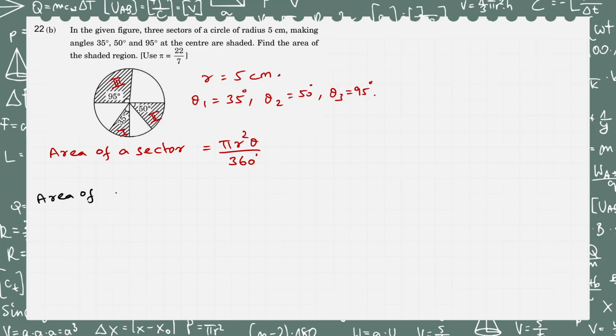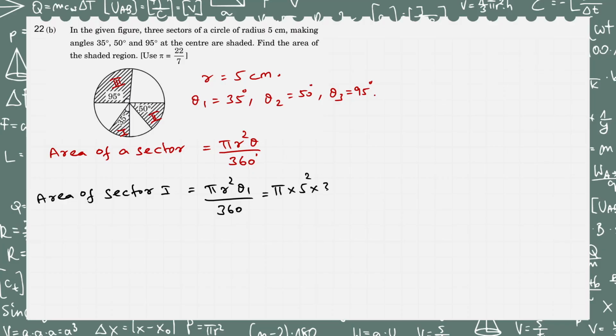Area of sector number 1 equal to pi r square theta 1 divided by 360, which is equal to, let us not put the value of pi now. Let us keep it as it is. I have a reason for doing this. I will tell you later. Pi into r is 5, so 5 square.